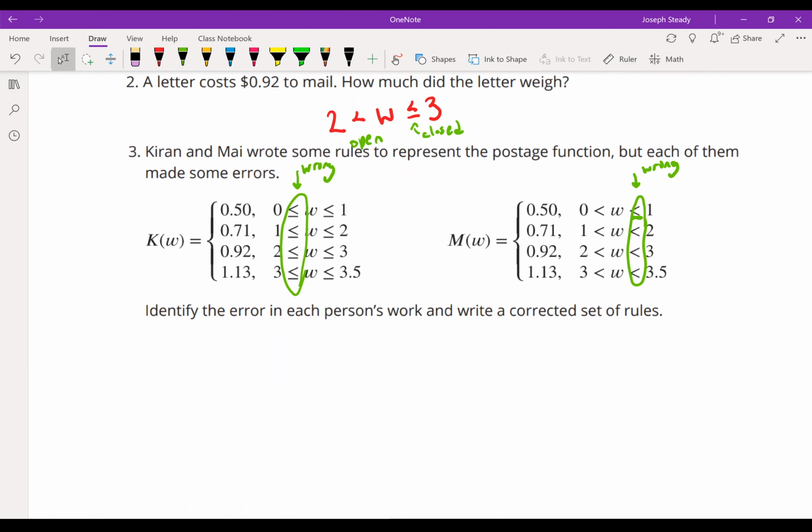So if we want to write a corrected set of rules, let's see, I'm going to call this the price as a function of W, and it should look something like this. 50 cents, 71 cents, right? All of these they had correct.